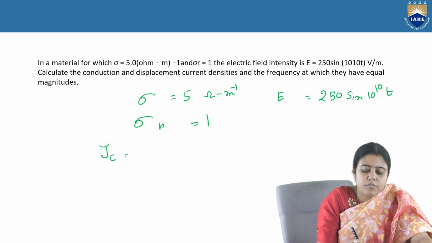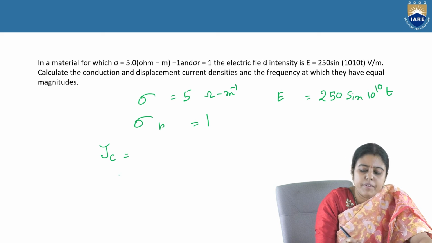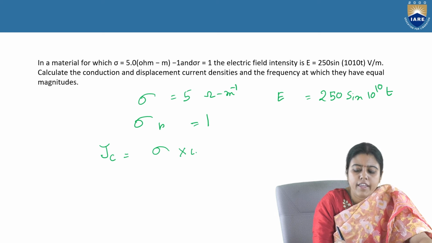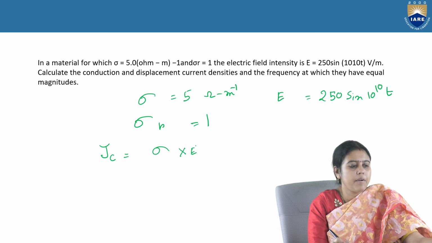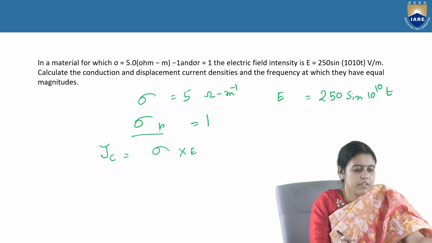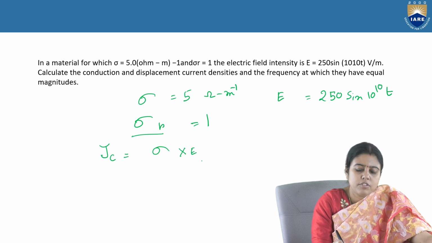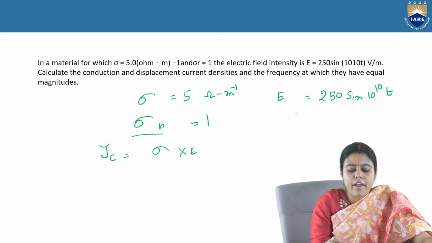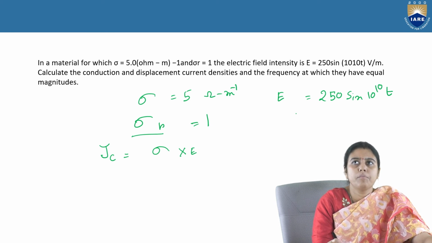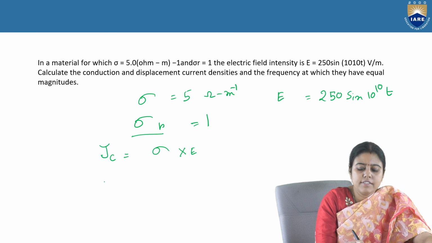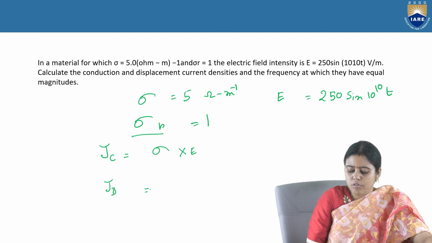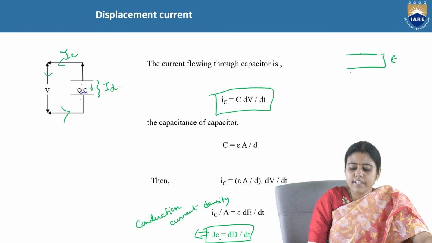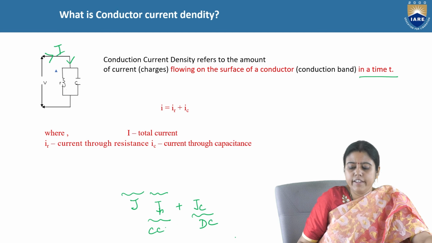So, the conduction current density we write as JC, as it flows through the capacitor, is equal to sigma into E. We know the sigma value and the E value, so we can get the value of JC. And what is JD? JD is equal to del D by del t.